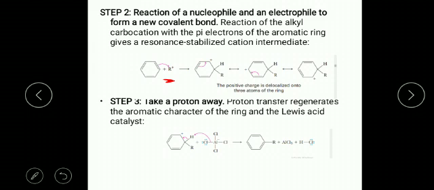After that, in step 3, a proton is transferred from the benzene to a base, AlCl4-, and then it gives the electrophilic substitution product. The alkyl group is attached to the benzene forming a new carbon-carbon bond, along with AlCl3 and HCl.